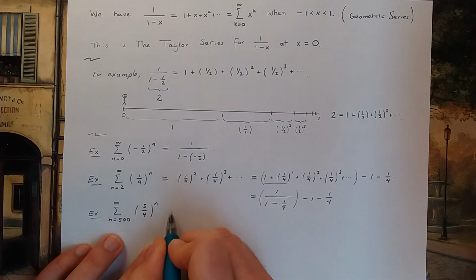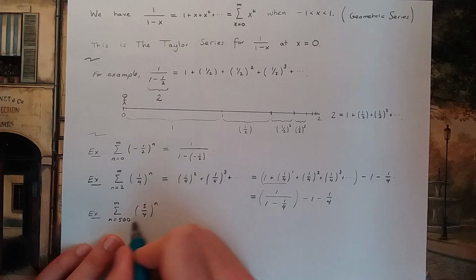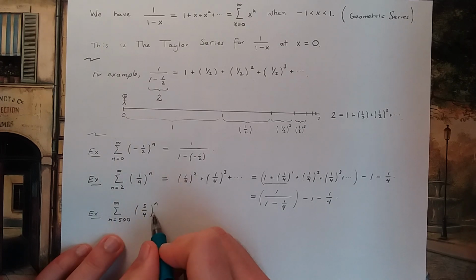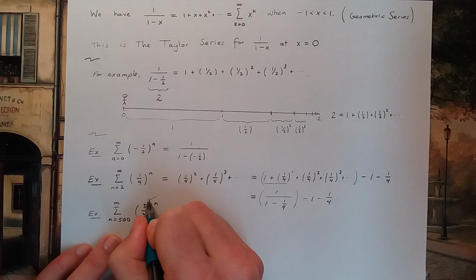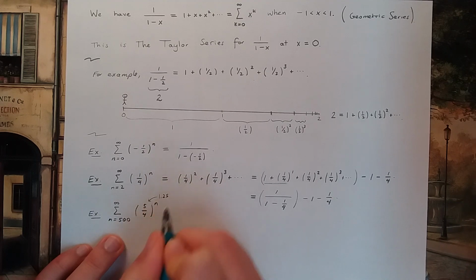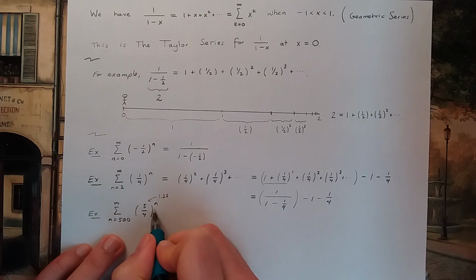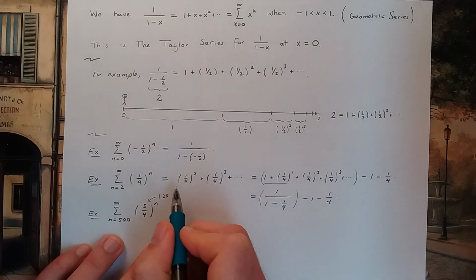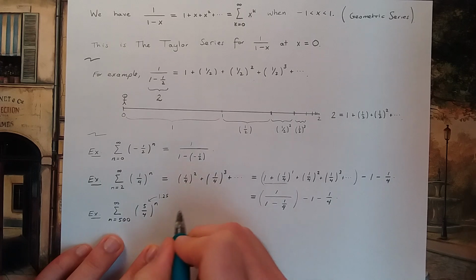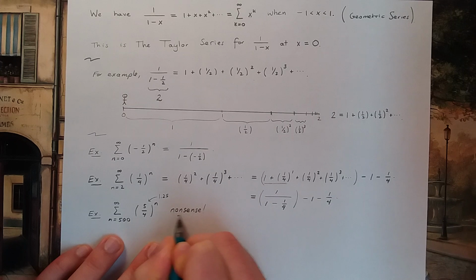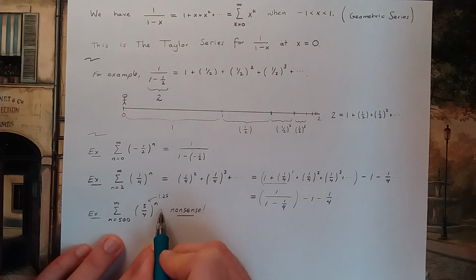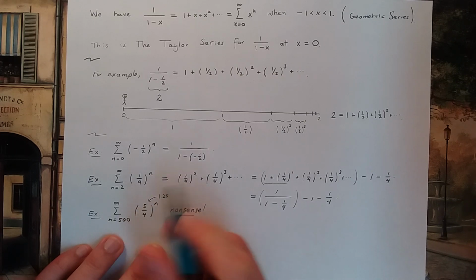So that means this does not give me a nice finite number as an answer. 5/4 is, what is that, 1.25? So I'm adding an infinite number of numbers bigger than 1 together. It does not give me a sensible answer. So I'll just give nonsense. As we'll see in a future video, the term for this situation is a divergent series, but I'll define that in the next video. So this is a divergent series.